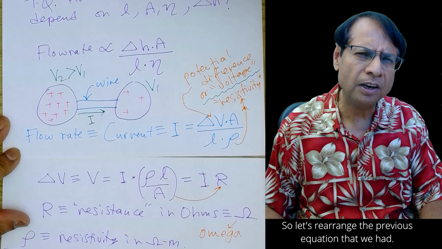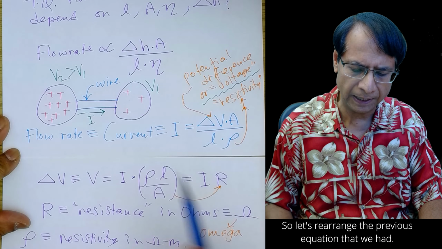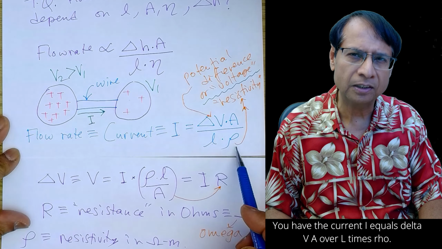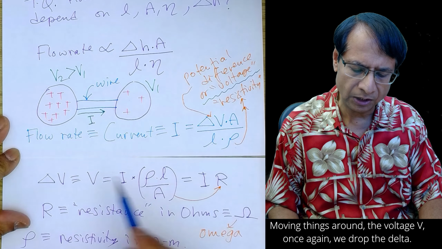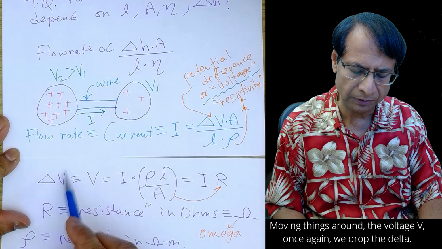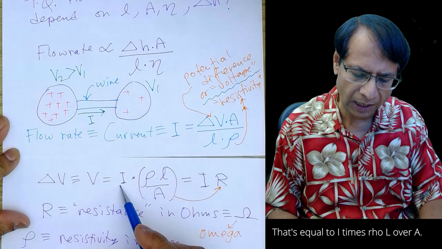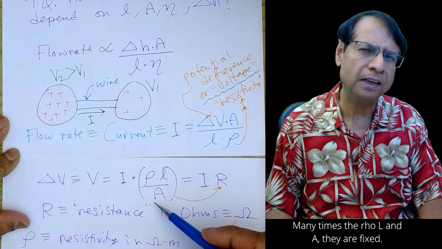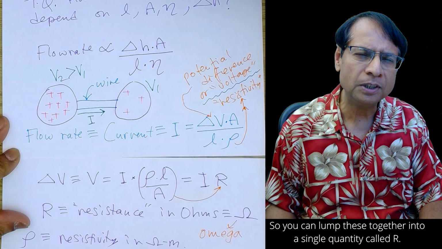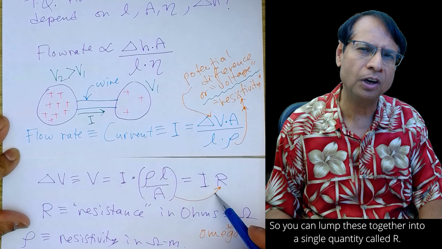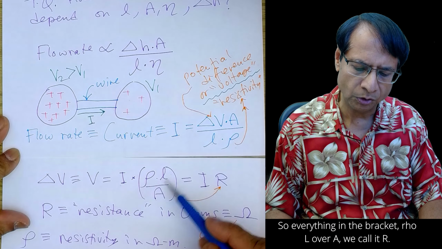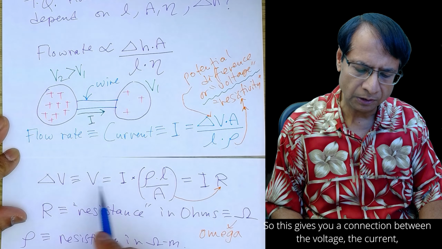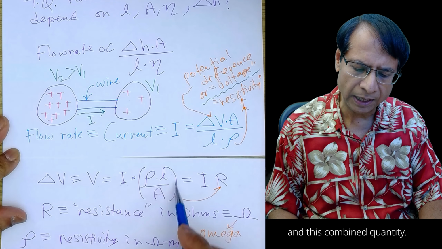So let's rearrange the previous equation that we had. You had the current I equals delta V A over L times rho. Moving things around, the voltage V, once again we drop the delta, is equal to I times rho L over A. Many a time the rho, L, and A are fixed, so you can lump these together into a single quantity called R. Everything in the bracket, rho L over A, we call R. This gives you a connection between the voltage, the current, and this combined quantity.